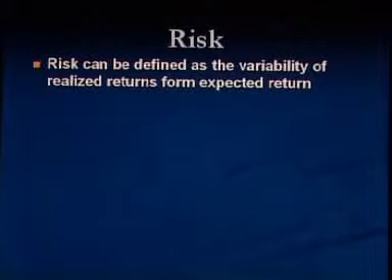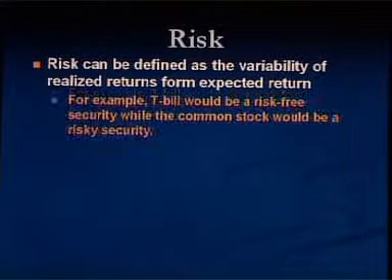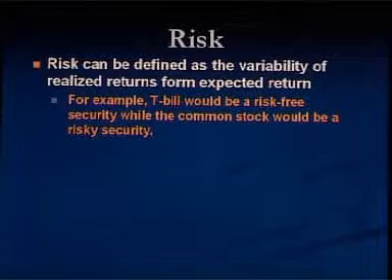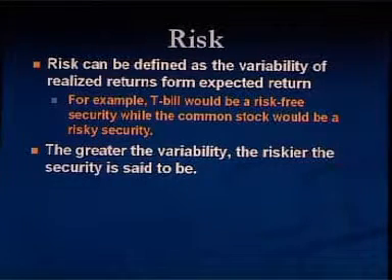Risk can be defined as the variability of realized return from expected return. For example, T-bill would be a risk-free security, while the common stock would be a risky security. The greater the variability, the riskier the security is said to be.